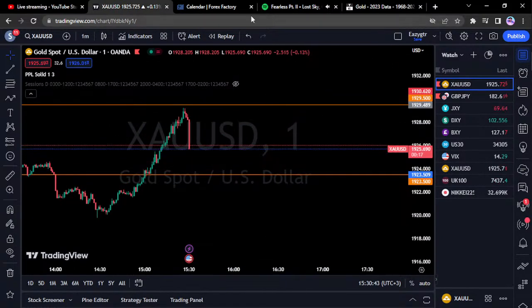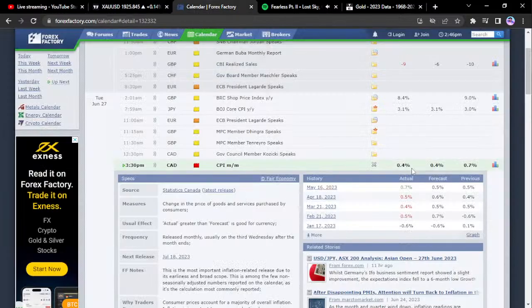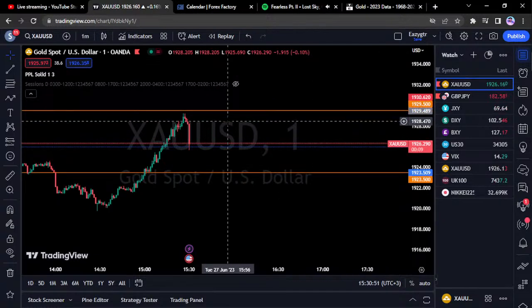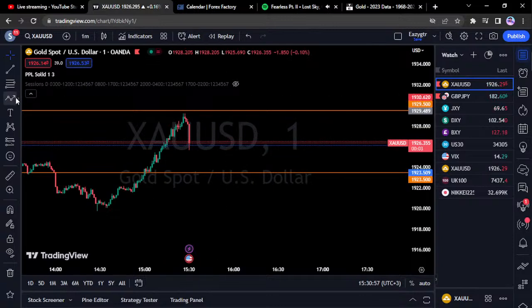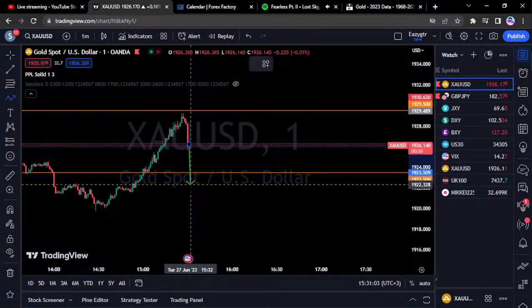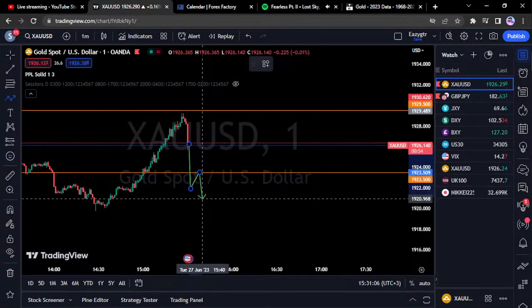So if we get readings, economic data reports right on the forecasts, the volume is not so one-sided, because if we had an impulsive break below 1923, we could have capitalized.